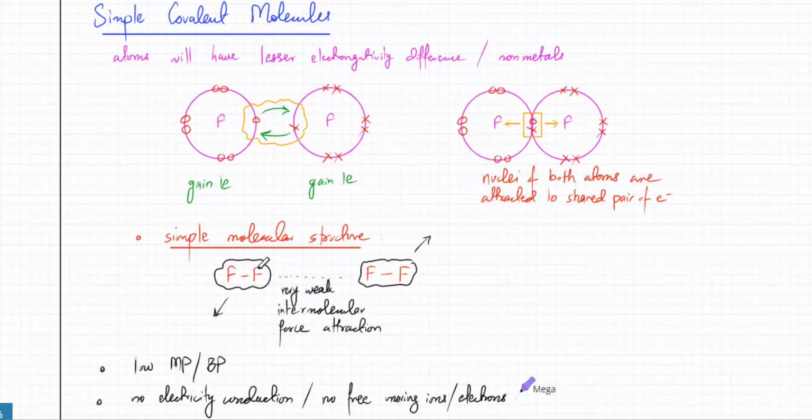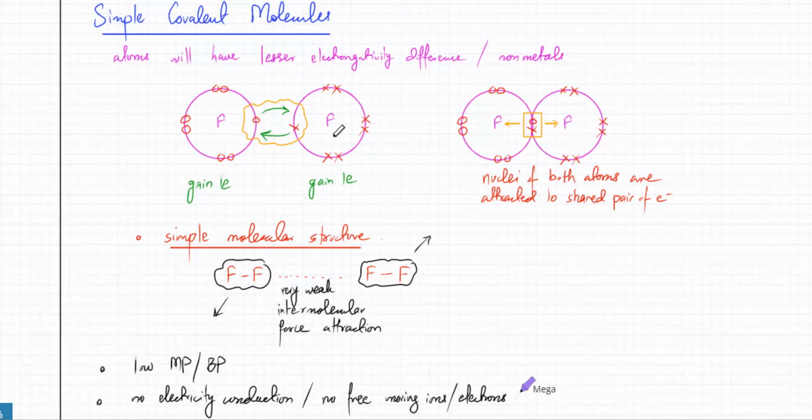It's not going to have any overall charge, which is why the molecules will not be attracting each other very strongly, and they would just have very weak intermolecular forces. And that is why covalent molecules usually have low melting and boiling points, and they have no electric conduction. They have no charged particles, no electrons, etc. to carry charge. So that is generally speaking how covalent molecules are going to behave.